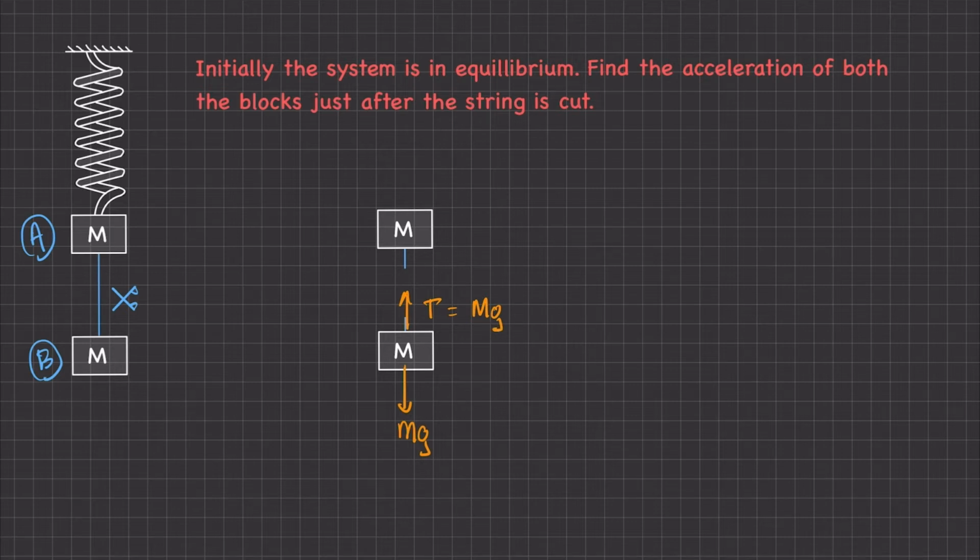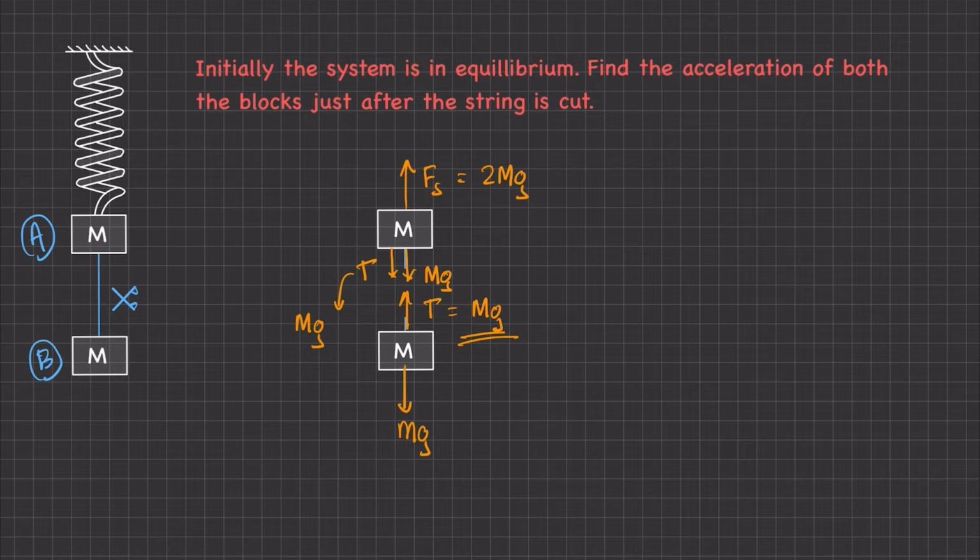Now on the upper block, downward mg will be there, and due to the tension, T is also there. But just now we found T equal to mg. So upward spring force Fs will be balancing the T and mg both. So Fs will be 2 mg.